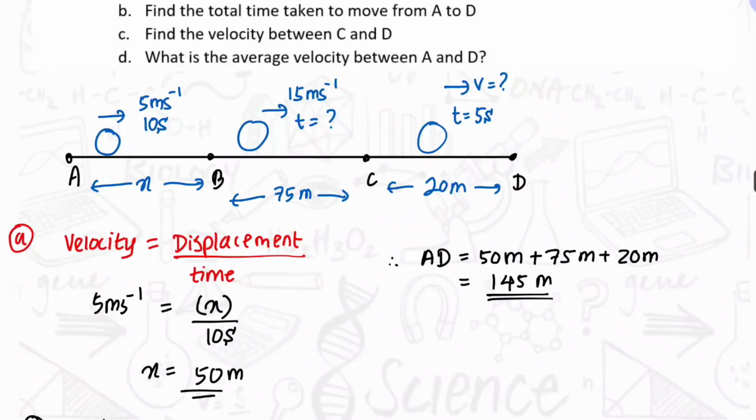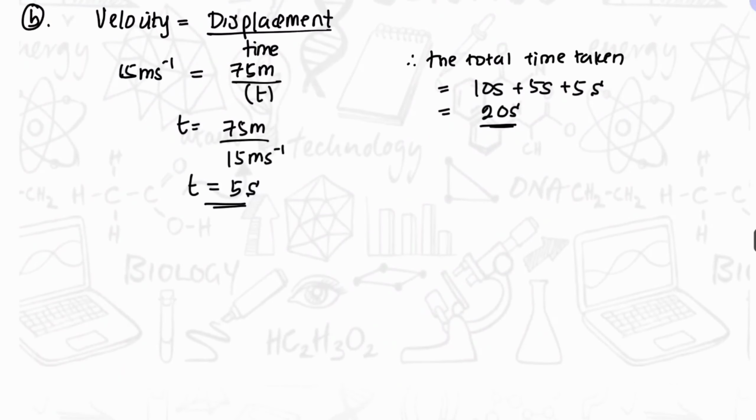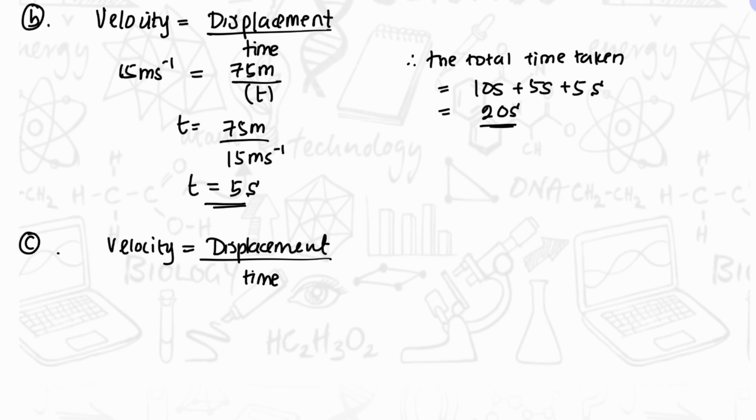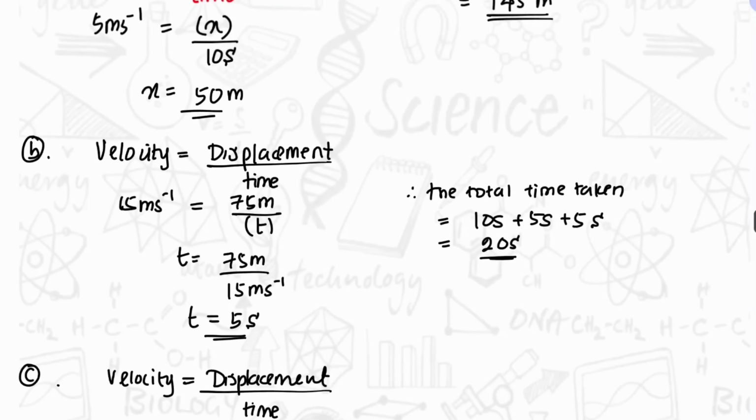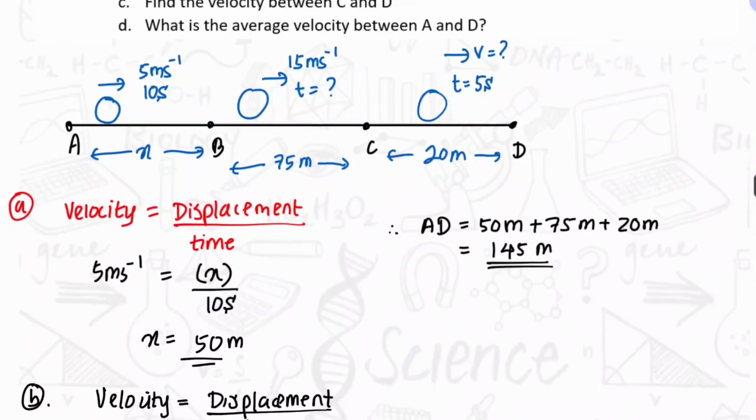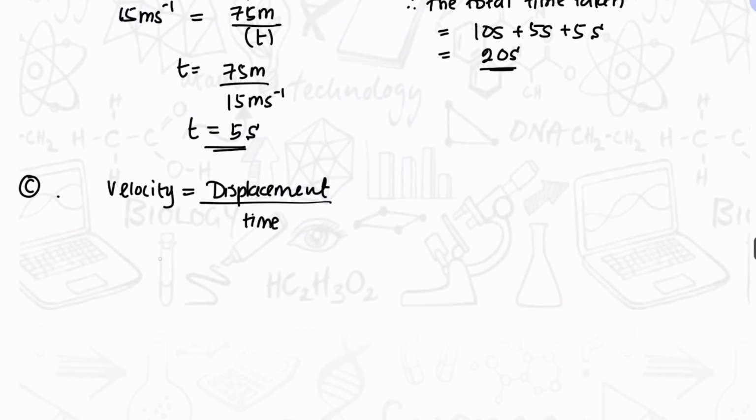The next part is to find the velocity between C and D. For that, we can write the equation velocity is equal to displacement divided by time. The velocity, let's say it is v.